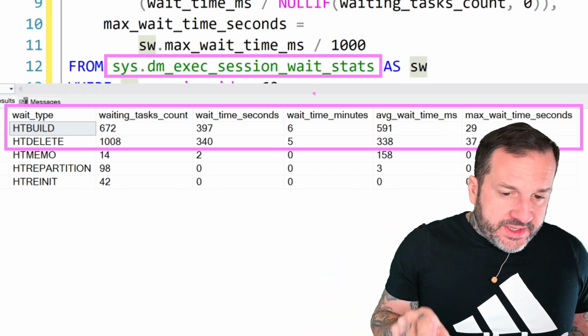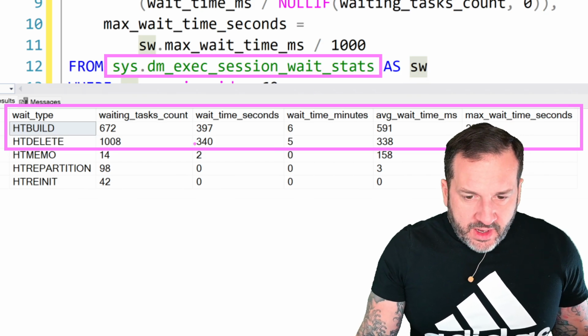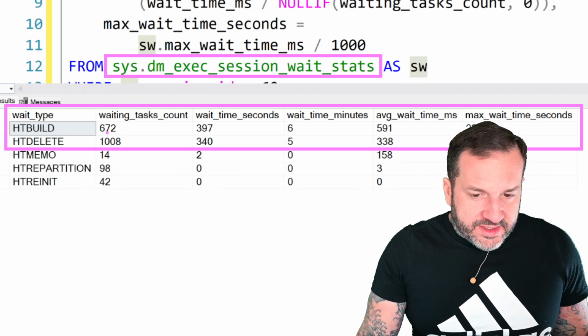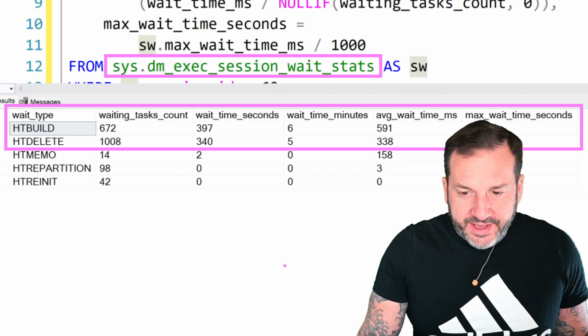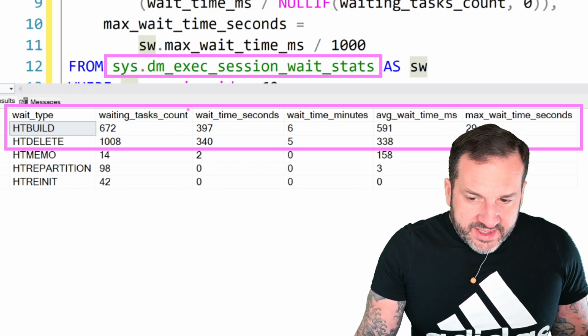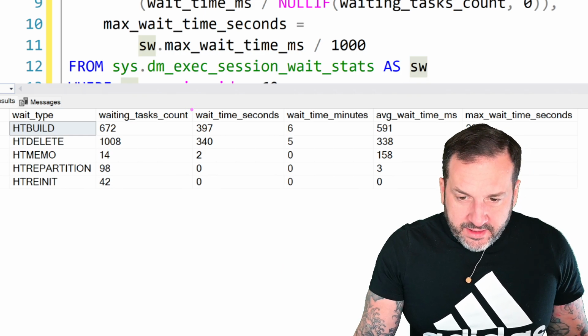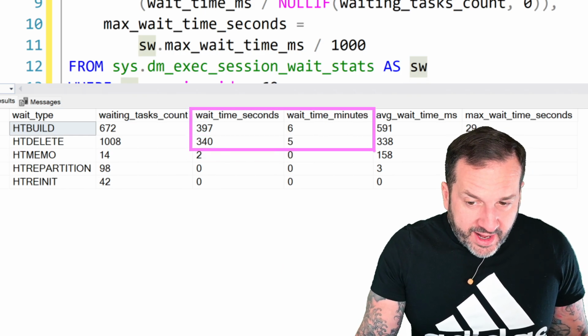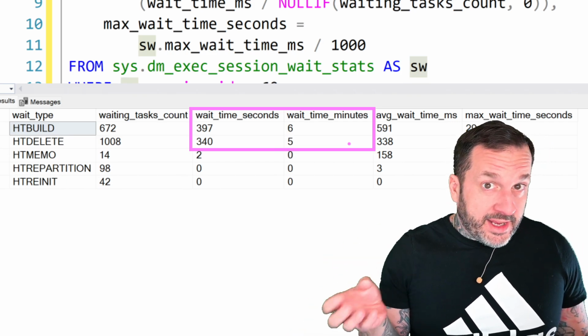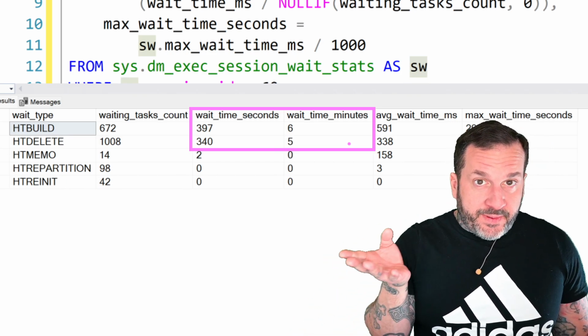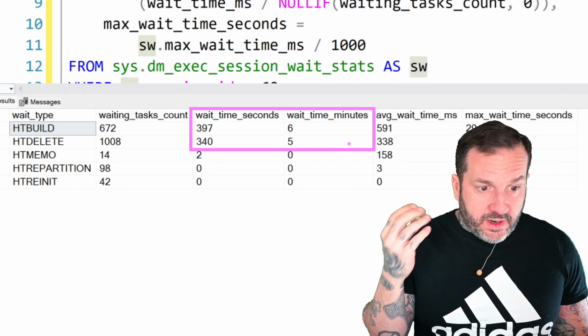So this particular query didn't have a lot of waits on those, right? 672 on HTBUILD, 1,008 on HTDELETE. But look how many seconds and minutes we racked up in the 2 minutes that query ran for, because those parallel threads were all emitting these particular waits, and were all dealing with spills and other nonsense.